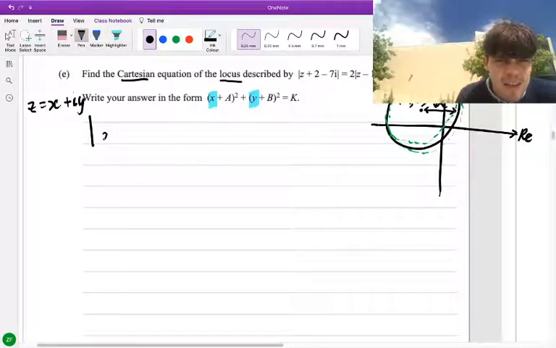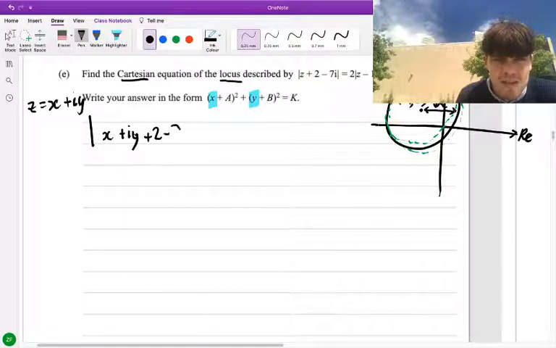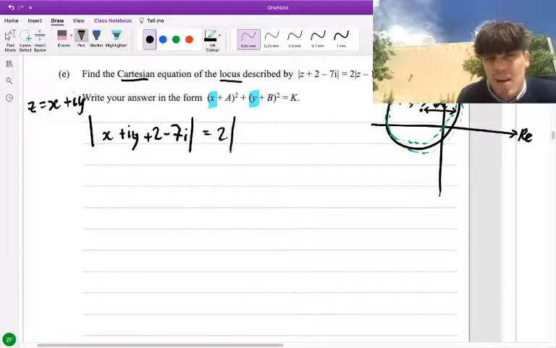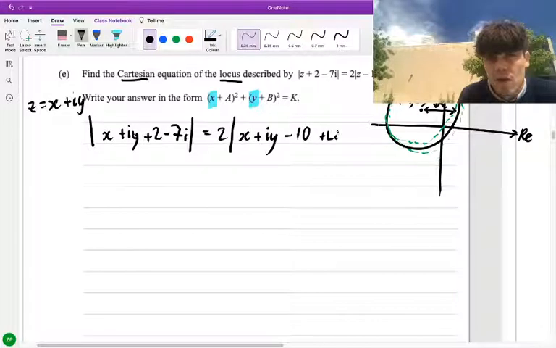So it's going to be x plus iy. So we'll just replace that z there. Plus 2 minus 7i. And that's going to be equal to 2 times x plus iy minus 10 plus 2i. Let's make that into a 2.